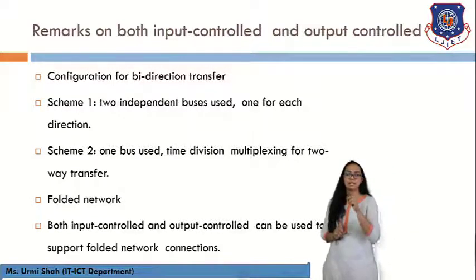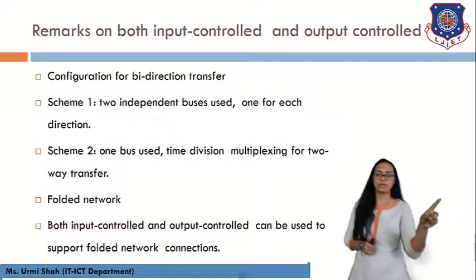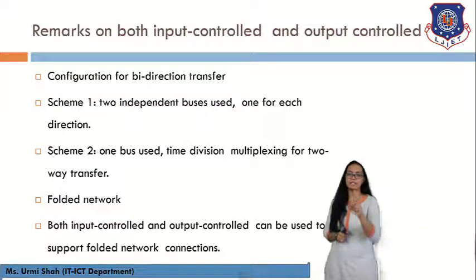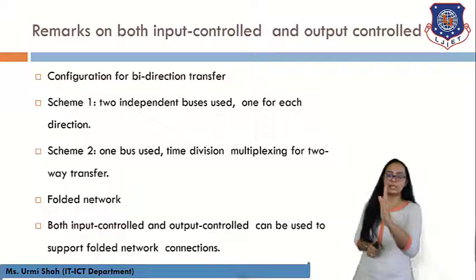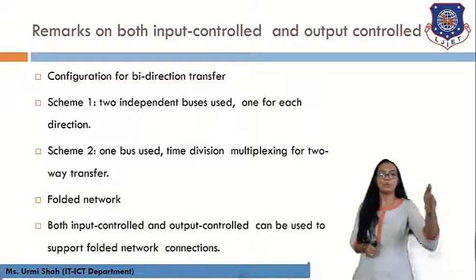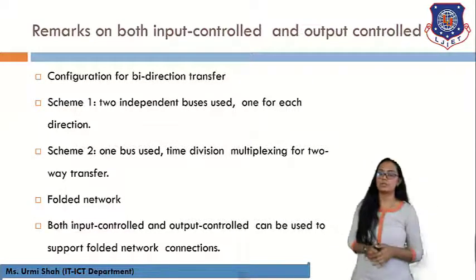In scheme 1, if you have two independent buses, one bus is going to transfer the input and one bus is going to generate the output. That is the independent scheme. The second scheme uses only a single bus. It will be used as a two-way transfer from input side to output side, and from the output it can also come to the input side.